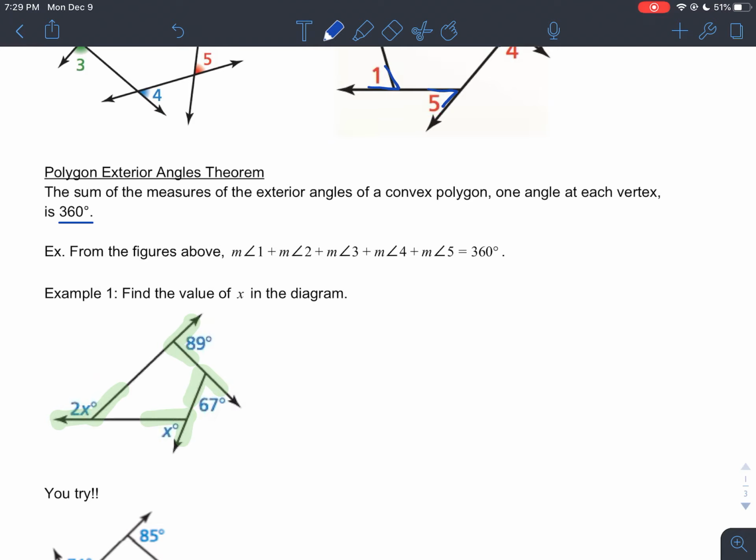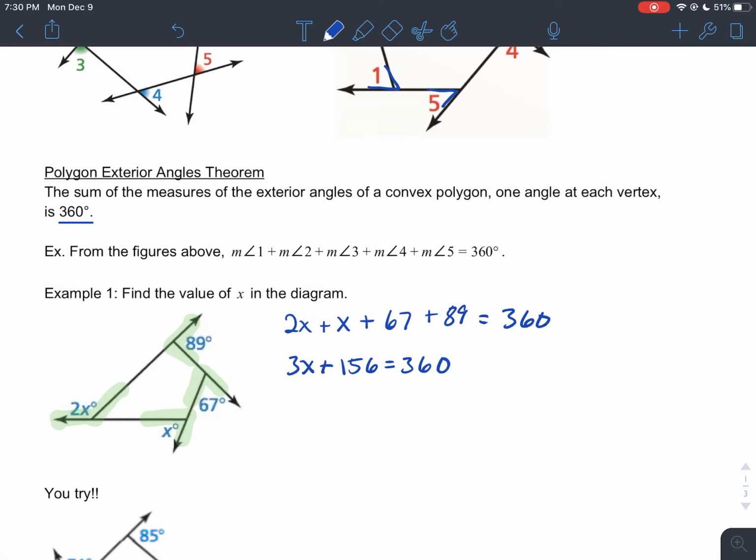Very good. So I'm going to say 2x plus x plus 67 plus 89 equals 360. They just all add up together to equal 360. I combine my like terms. So 3x plus 156 equals 360.